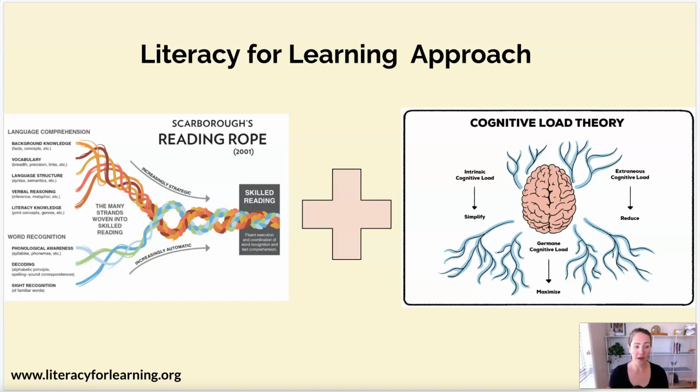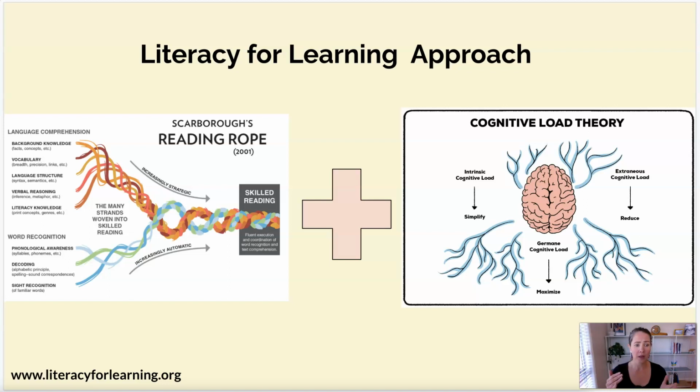We know that word recognition relates to how students literally read the words on the page and how they're able to look at the symbols, the letters, and make sense of those symbols. The language comprehension part is how students make sense of the meaning in the text, and that can be done orally or through reading.